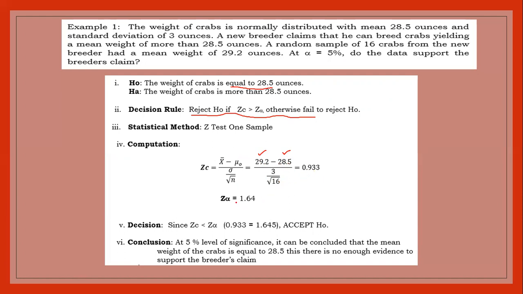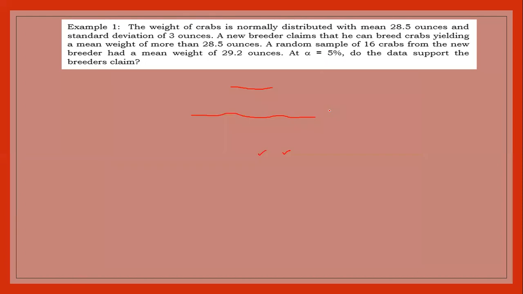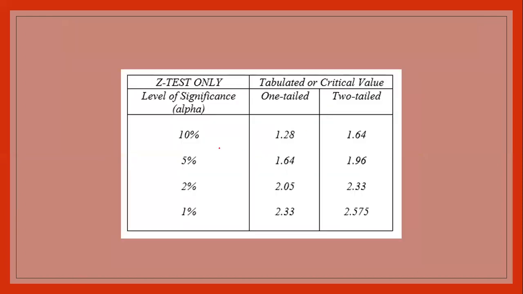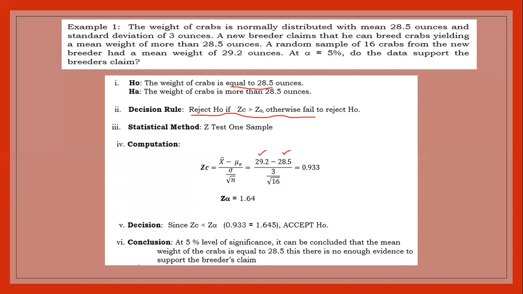Okay, ang z alpha natin or z tabulated or critical is 1.64. Bakit 1.64? Kasi ang alpha natin is 5%, tapos we have a one-tailed test. Yan. So kinopya natin yung 1.64.